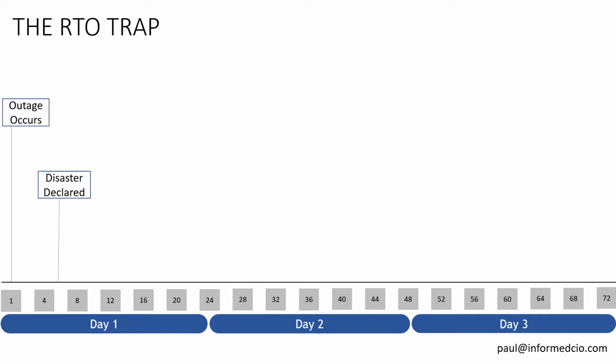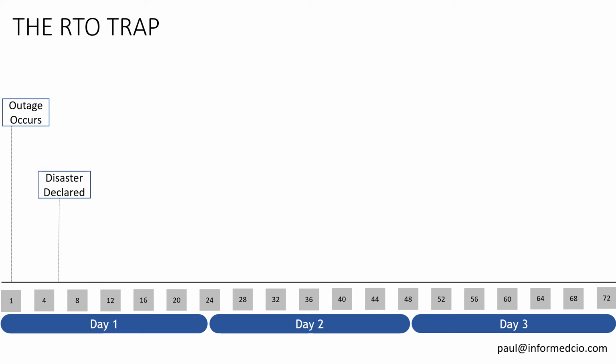It could be you making the decision. It could be based on feedback that you're getting from your hyperscale cloud provider, or it could be a managed services provider that's actually providing the disaster recovery services for you. So very important to understand that there could be a gap between the outage occurring and the disaster being declared.